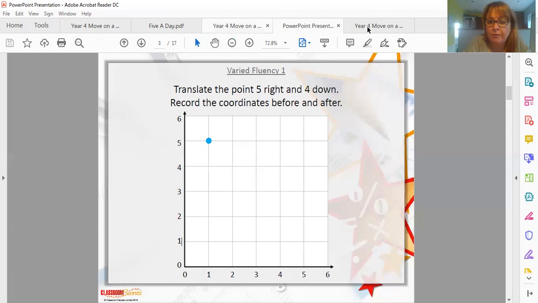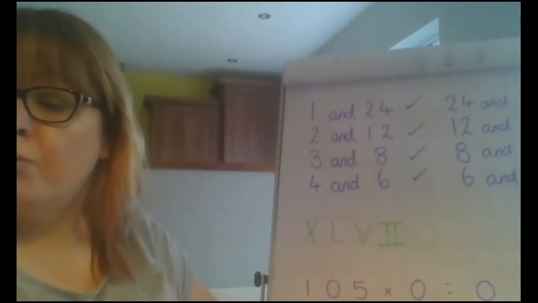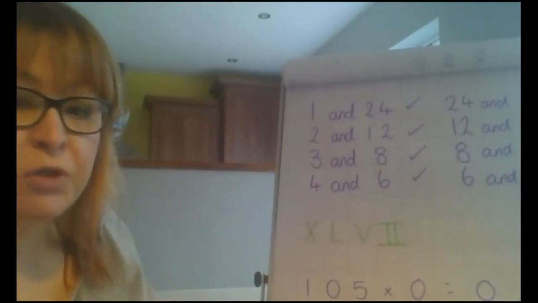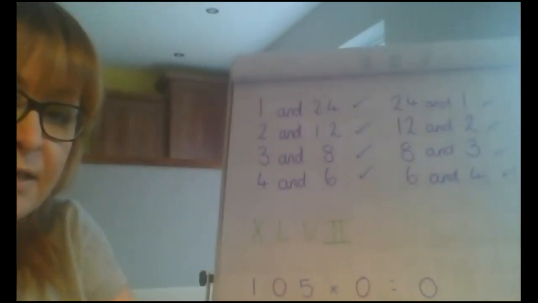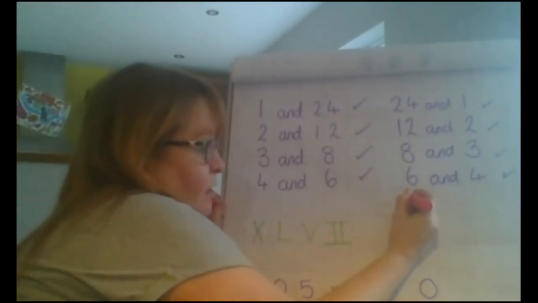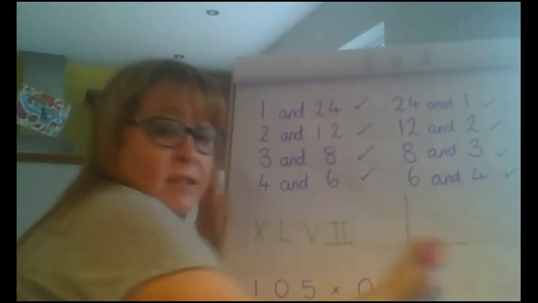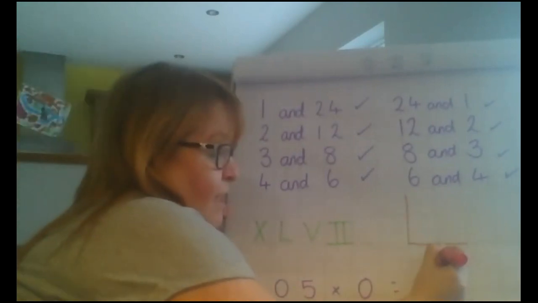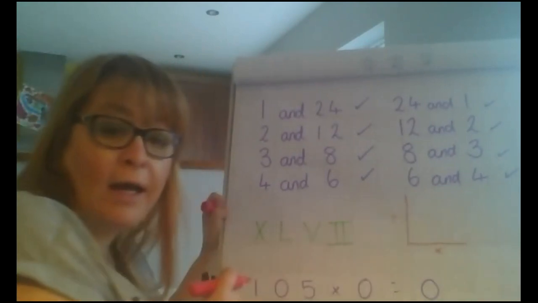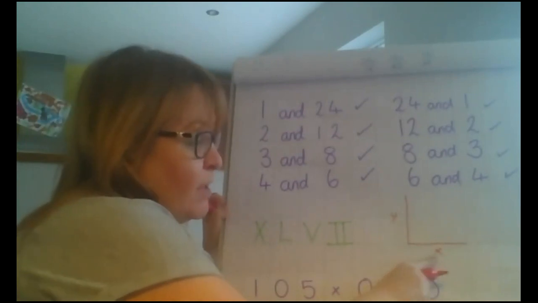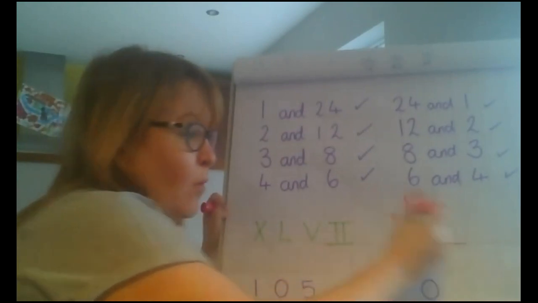Now, if I just stop sharing for one moment and bring my trusty board back round, I just want to show you, I'm hoping you can see in this little space here. Remember on our axes, can you see that? This is the x-axis, this is the y-axis, and you need to read the x first, then the y.